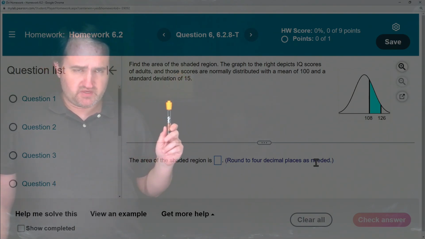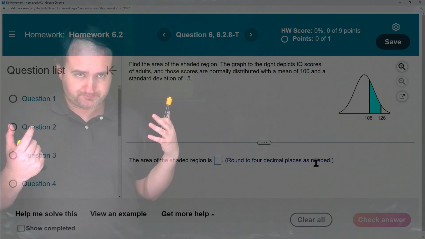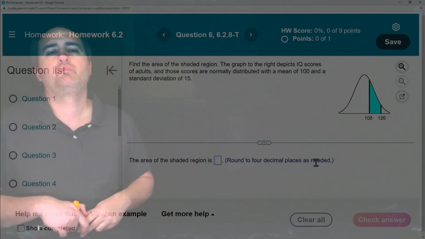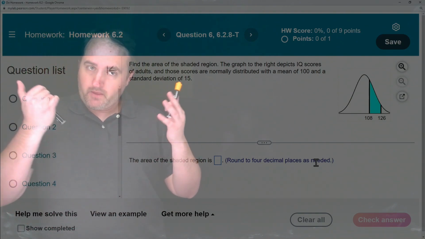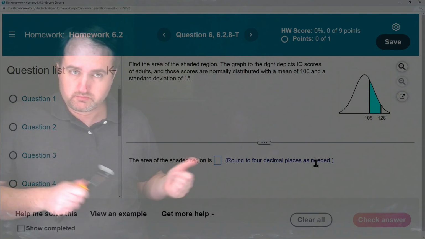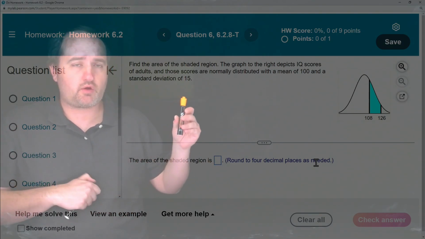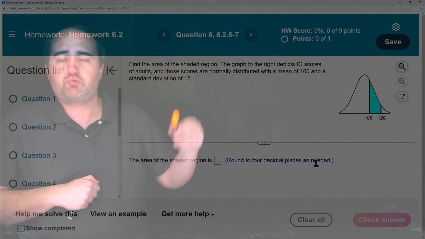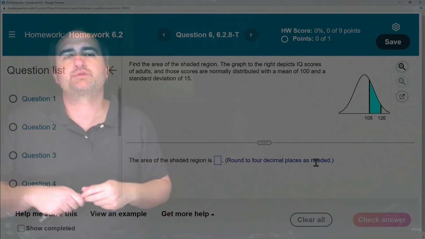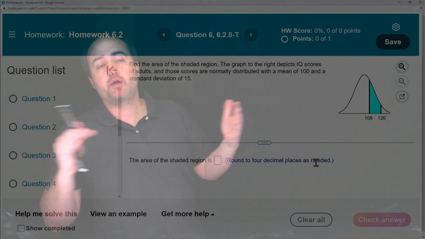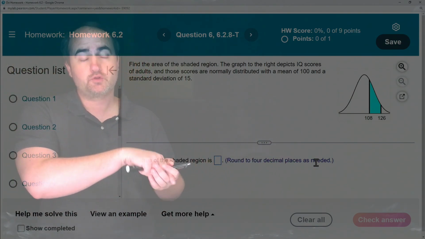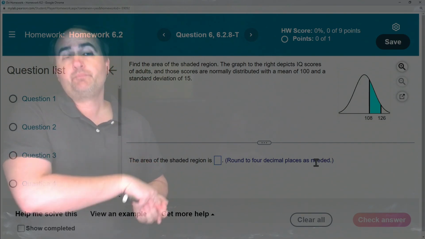You're welcome to pause the video if you need to think about it. The answer is it's non-standard normal, as you might have guessed, because all the problems in 6.2 are non-standard normal. That's the whole point of 6.2: we're having to convert them to standard normal in order to look up areas in the table.